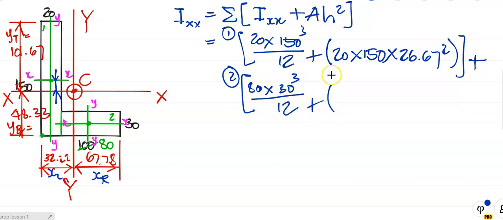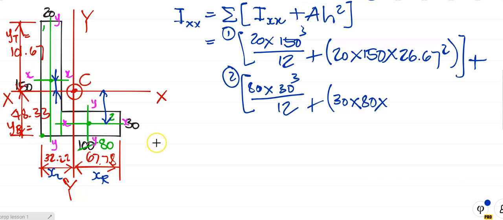Plus the area, which is 30 times 80, times h. What's h? Are you tuning in? h is the distance from the centroid of the element to the centroid of the whole cross section. Did you get that? Can we work it out?